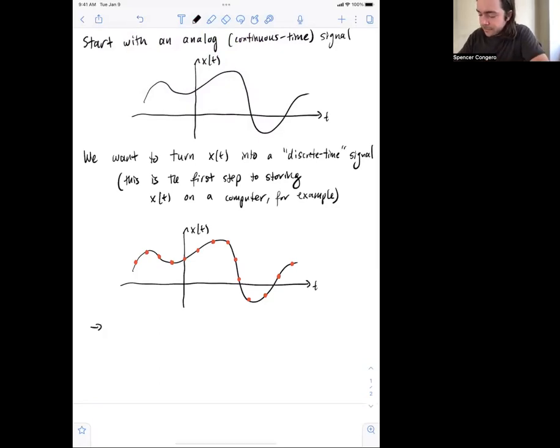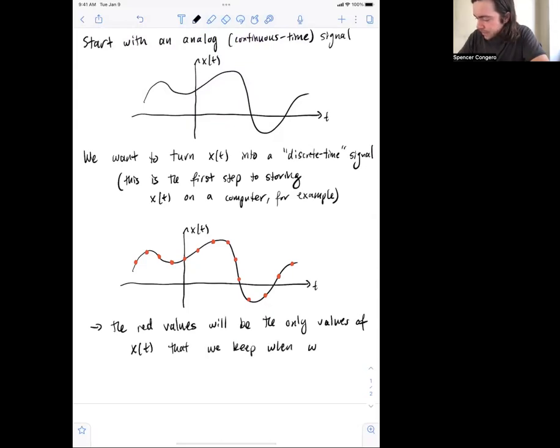So the red values will be the only values of x of t that we keep when we move to discrete time.